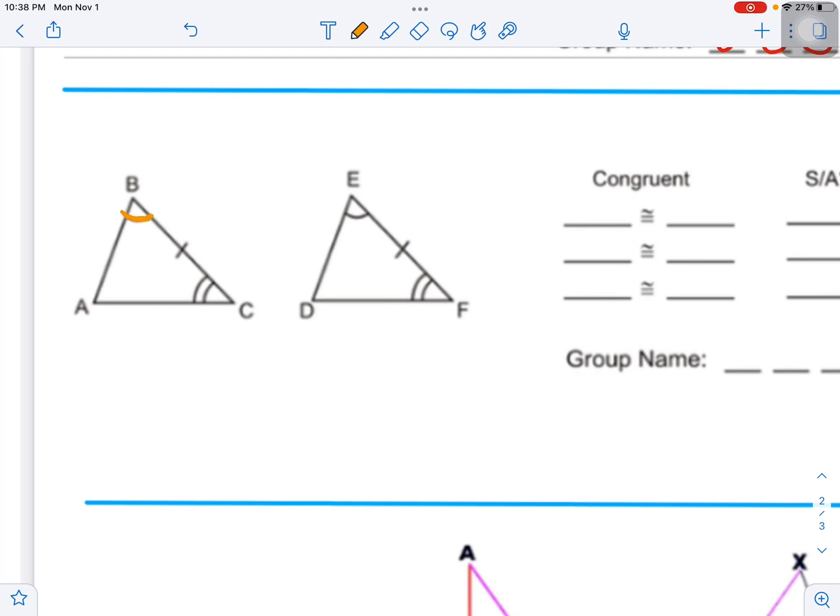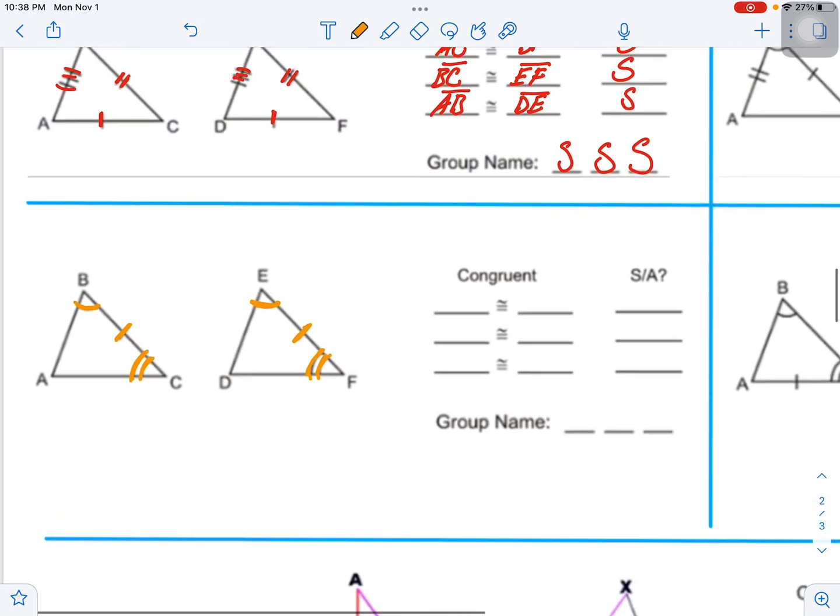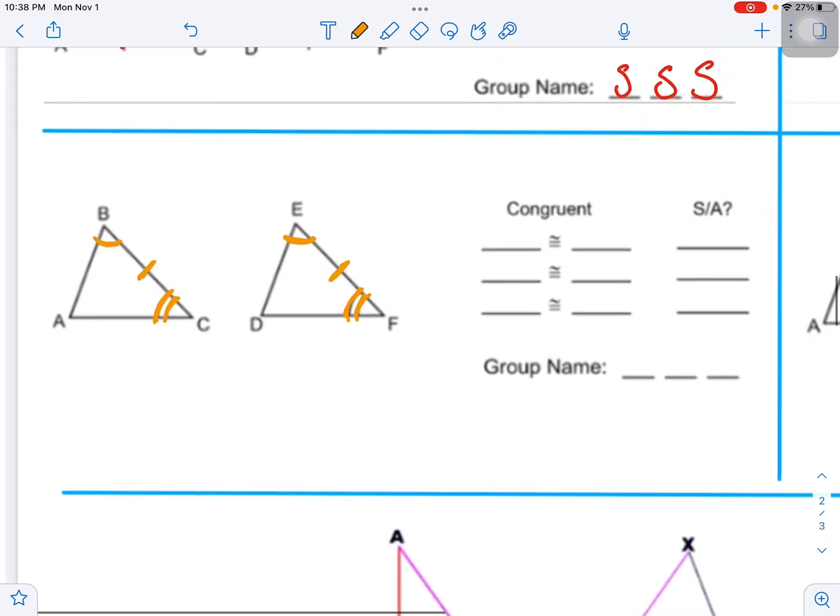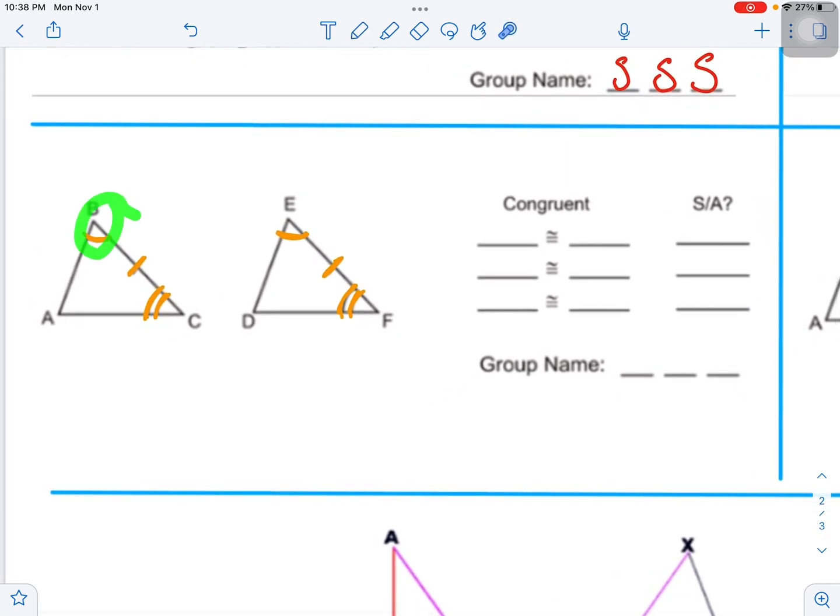So this is one way to prove a triangle congruent: if you have three sides that match, then we have side, side, side. Next, we have an angle here that matches this angle here, a side that matches this side, and finally a second angle that matches this second angle. First we have these angles: angle B is congruent to angle E, so that's an angle.